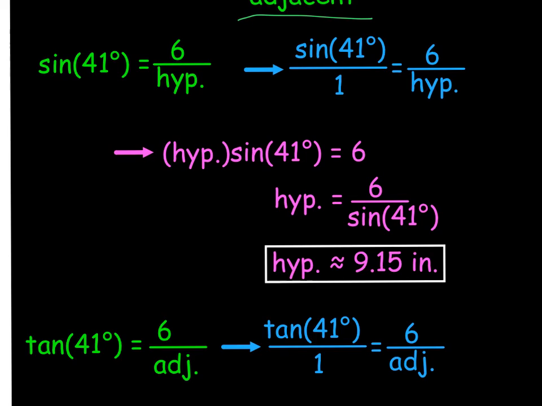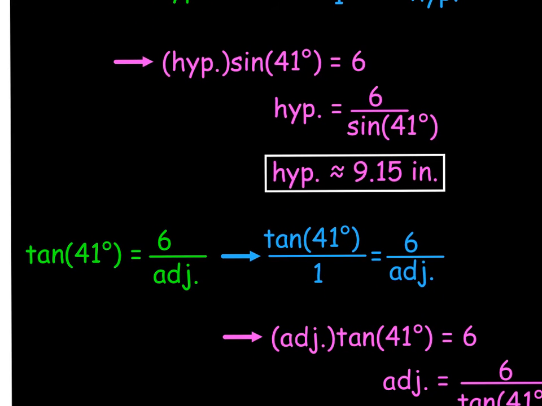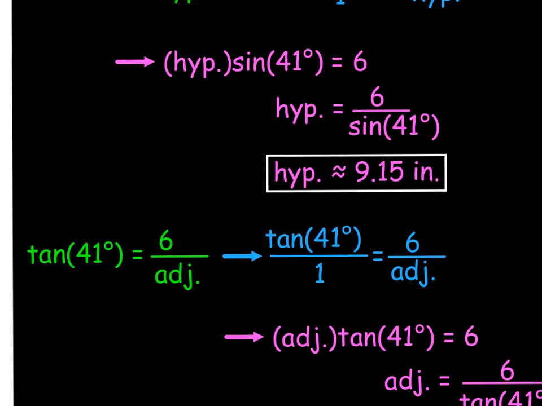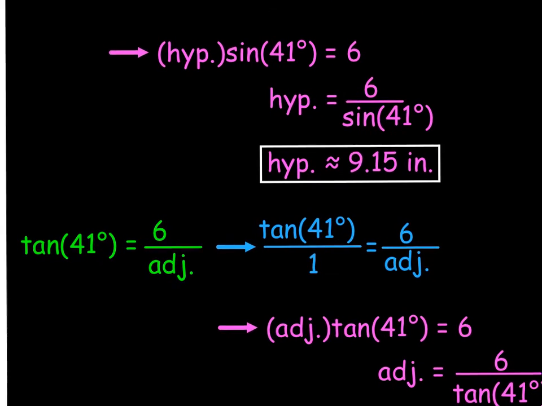Okay, and then just like before, we're going to change this so that it looks like a proportion, just by putting tangent of 41 degrees over 1 right here. And then we're going to cross multiply. We're going to do the adjacent side times the tangent of 41 degrees and set it equal to 1 times 6, which is 6. Okay, so that gives us the adjacent side times tangent of 41 degrees equals 6.